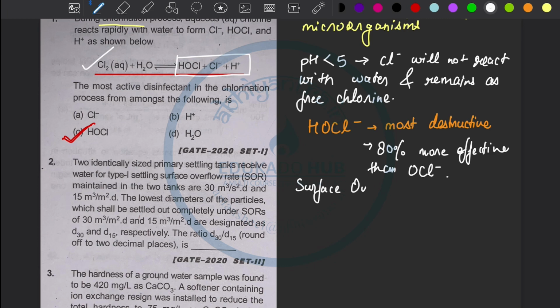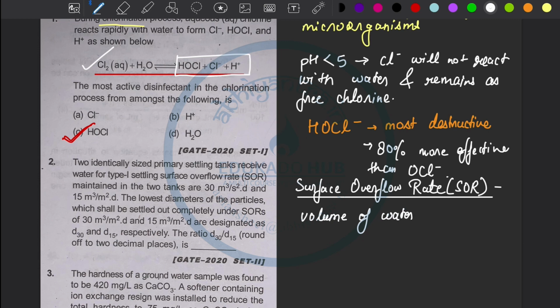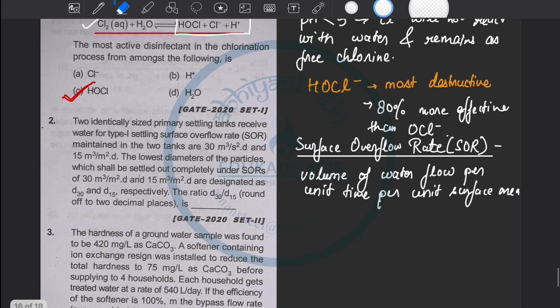Surface overflow rate, in short form we say SOR, is defined as the volume of water flow per unit time per unit surface area. We can say that surface overflow rate is nothing but the settling velocity of the particle.